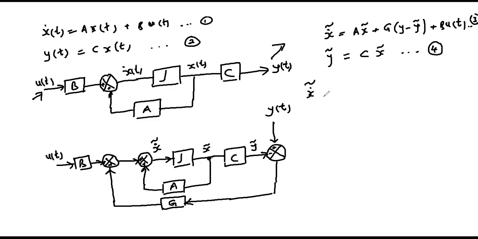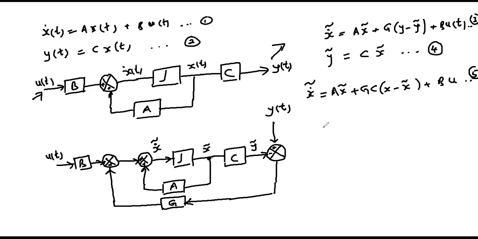The derivative of the estimated state will be A x estimated plus G, then instead of y minus y estimated, that will give us C into x minus x estimated, plus Bu of t. And we can call this equation 5.